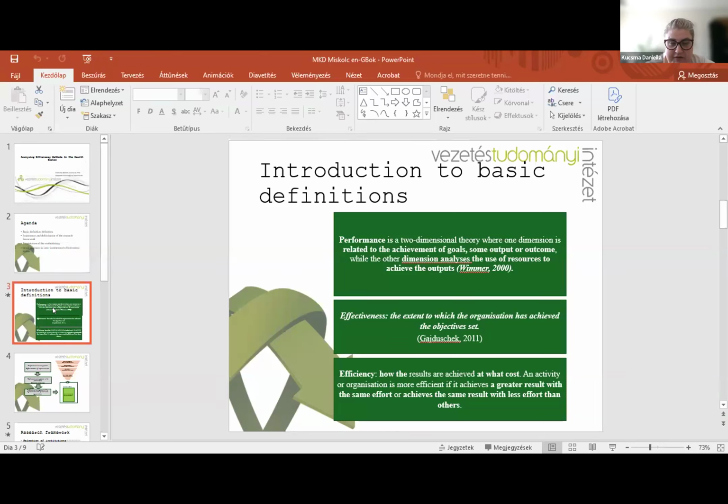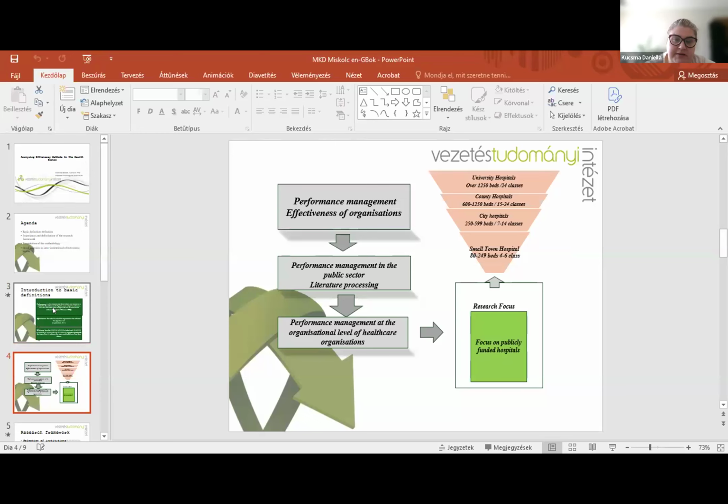This PowerPoint shows performance management, the efficiency of organizations, and then the public sector, because many countries have a public and private sector, and a mix. But in Hungary it is generally the public sector, and I chose the public sector.